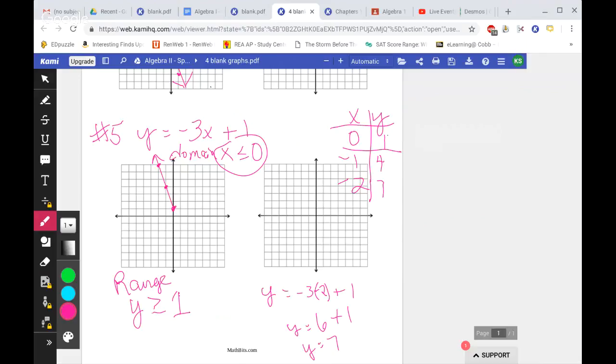Anything greater than 0, we can't even put in our xy table. Then we plugged in a few values. Three usually is a good number for a line. Once we graph it, our graph is only going to have an arrow on one end, because it only continues in one direction. A limited domain limits the range as well.